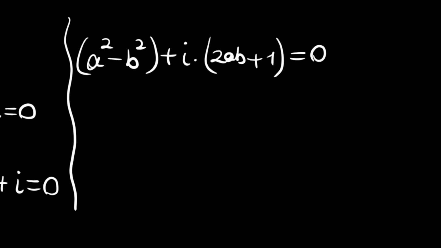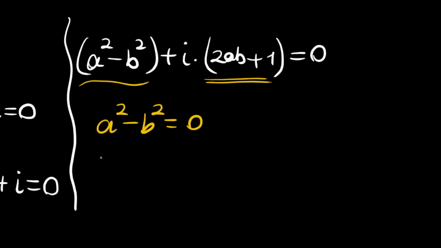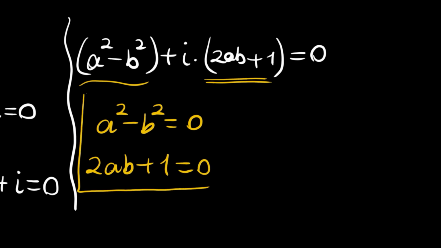Now, my friends, if this is equal to 0, the real and imaginary parts are equal to 0. So we have a squared minus b squared is equal to 0, and 2ab plus 1 is also equal to 0. We are to solve this system to reach our a and b.